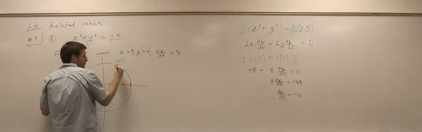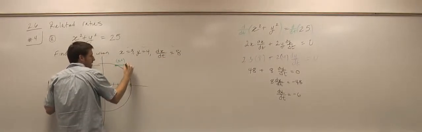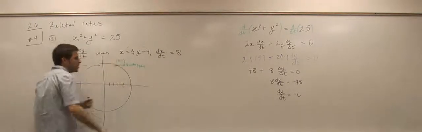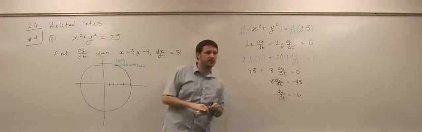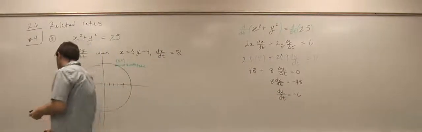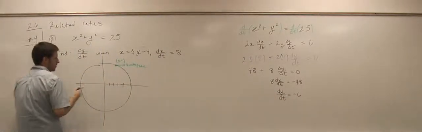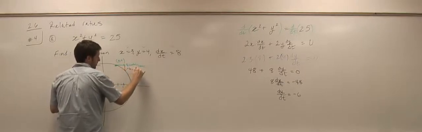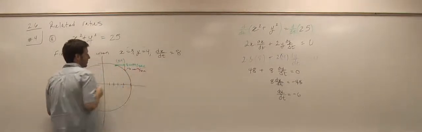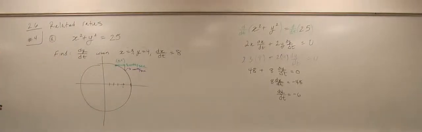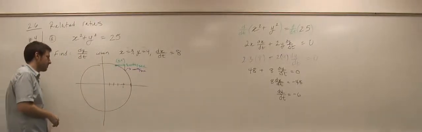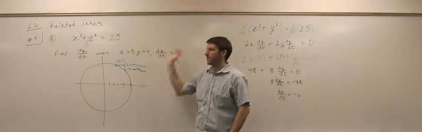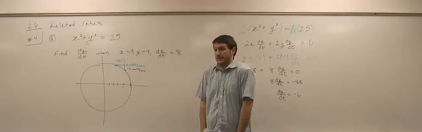So if your x coordinate is going 8 units per second in this direction, then to stay on the circle, your y coordinate has to go down 6 units per second. That's what this is telling you. If you go at any other rate in the y direction, you're going to fly off your circle.